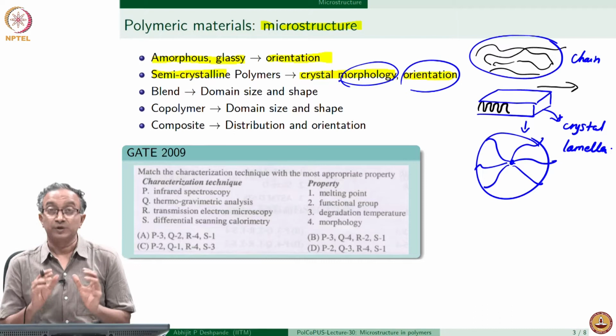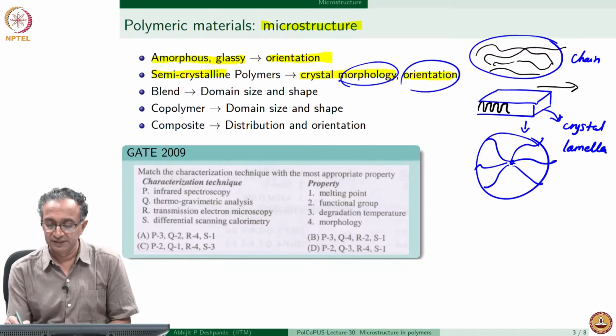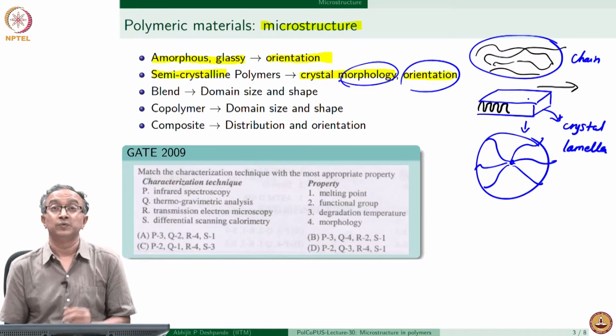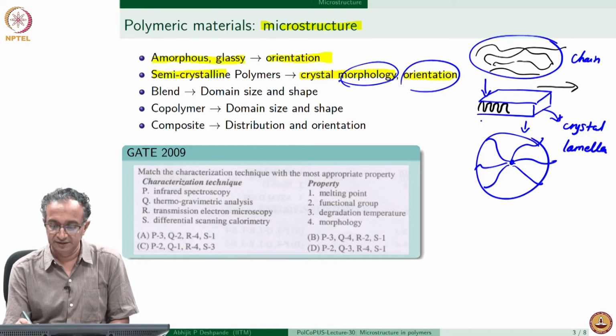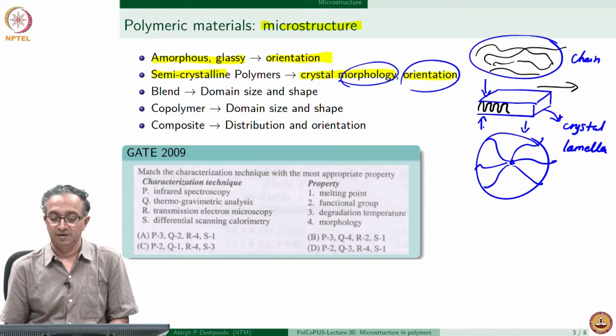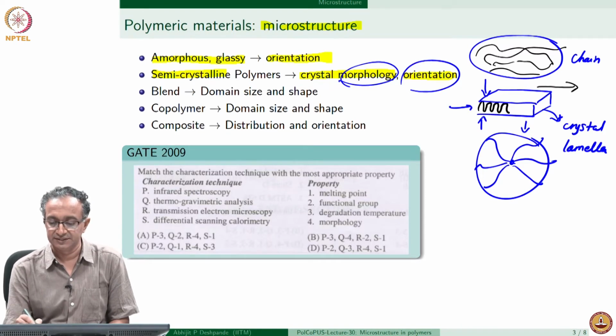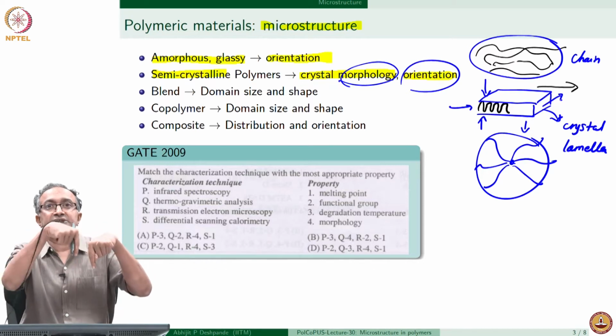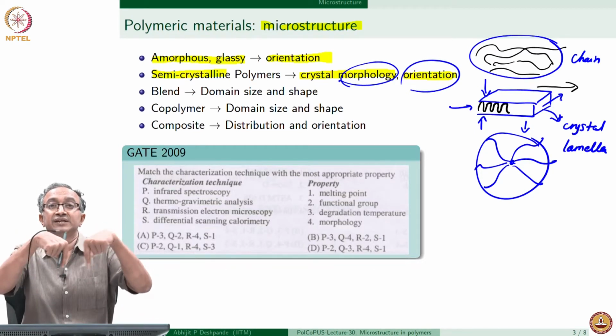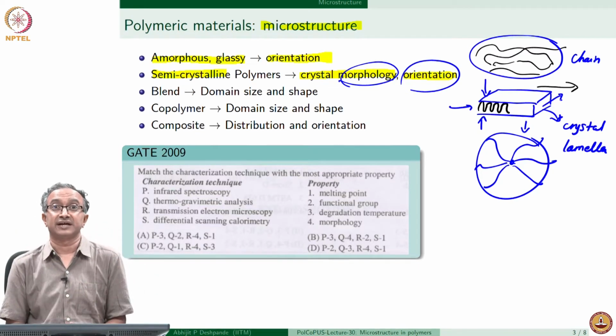And one of the things that you can immediately notice is this lamella will have an anisotropic property. If you look in this direction, there are covalent bonds. But in these directions, basically there are only the polymer chains which are stacked with each other, and there is only energy of interaction, which is secondary interactions.